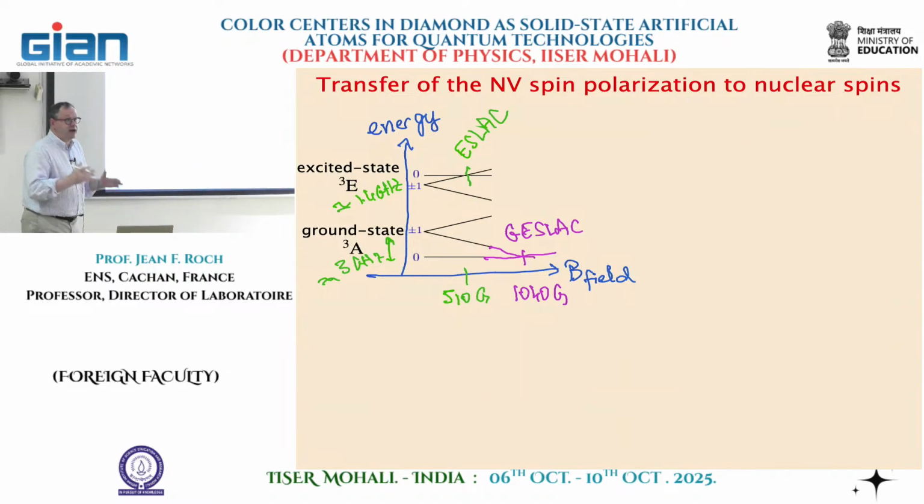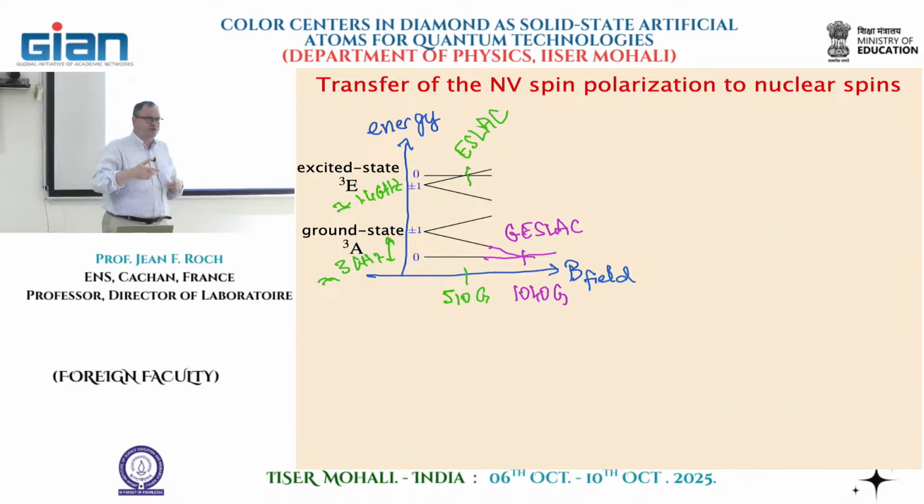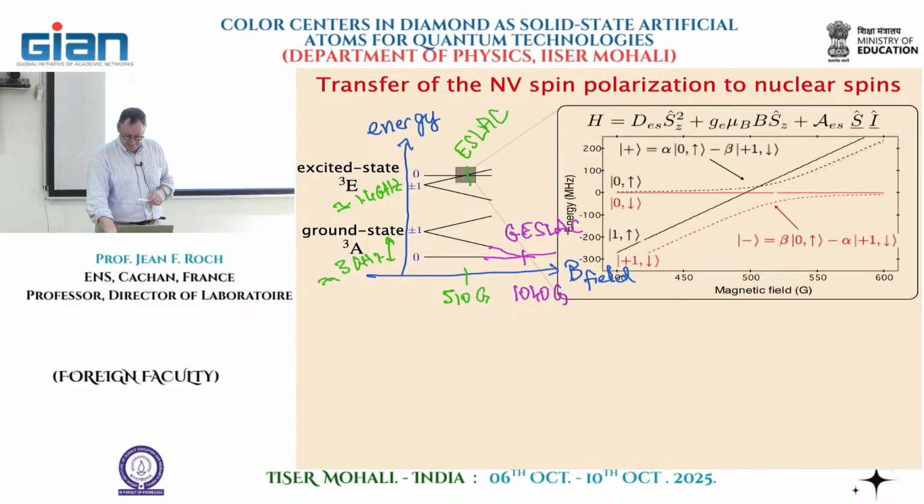This can be easily computed. It's just the standard calculation of the Zeeman effect that you do for a magnetic field perfectly aligned on the axis of your NV center. And we'll see later what happens if the B field is not aligned.